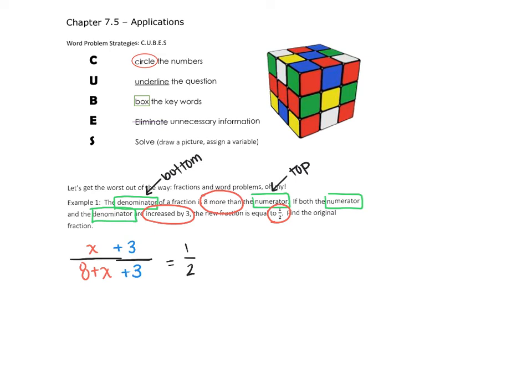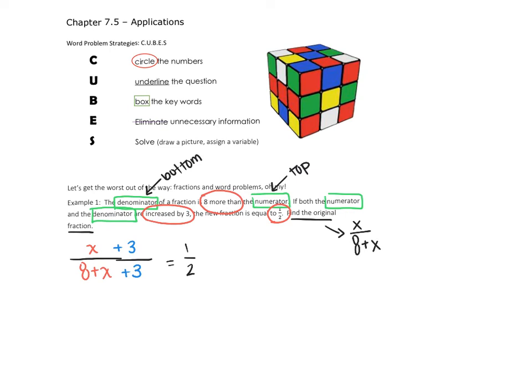So my question, my U in CUBES, says find the original fraction. And remember, the original fraction is x over 8 plus x, because that's what it tells me in the first sentence, that the denominator of a fraction is 8 more than the numerator. So that is the original fraction. Alright, so now I'm going to simplify things and solve it from there.